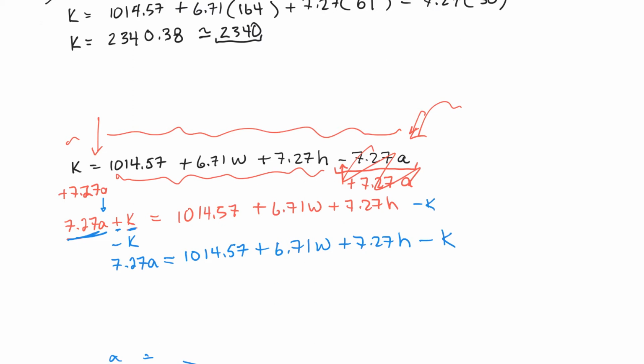And now the operation here is 7.27 times A. So if I want to get rid of the 7.27, I'll divide both sides by 7.27.